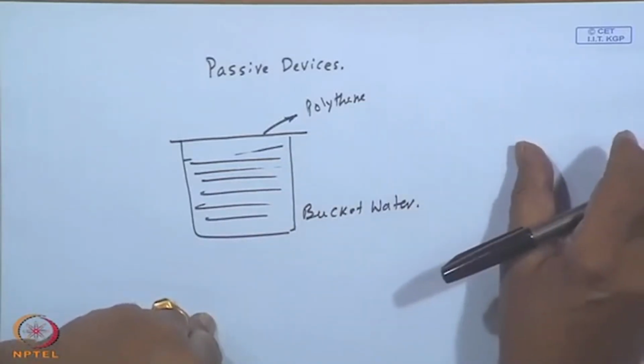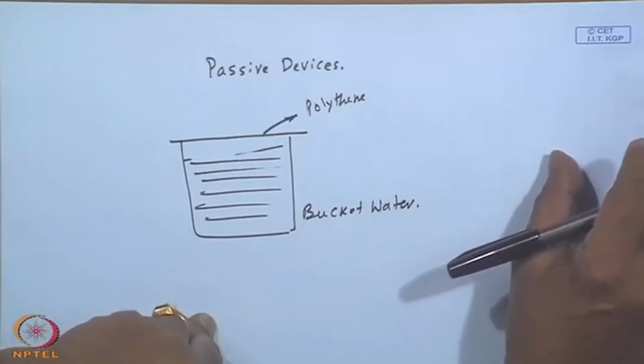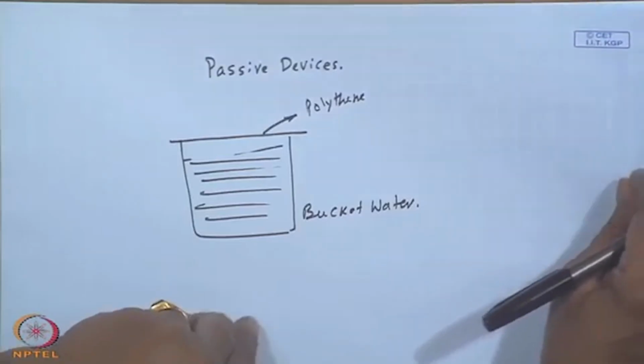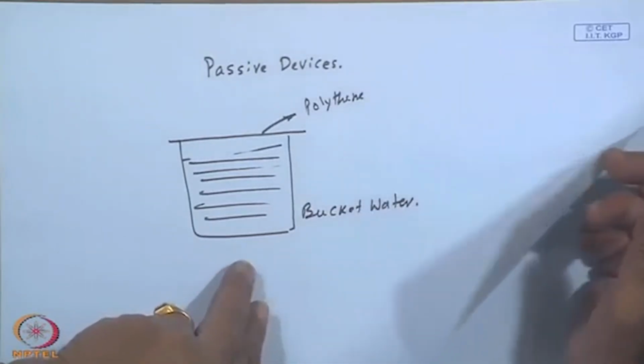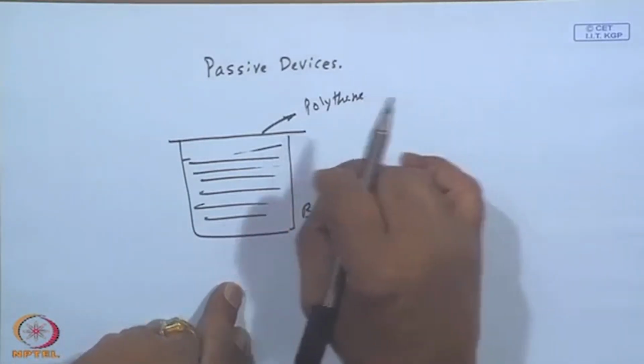So, if the ambient temperature is around 20, it may go to 30, which is a little more comfortable for taking a bath. This is simply passive heating, the simplest kind of passive heating that villages adopt.